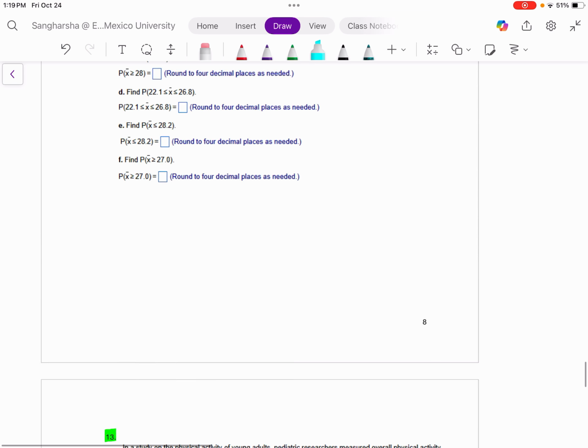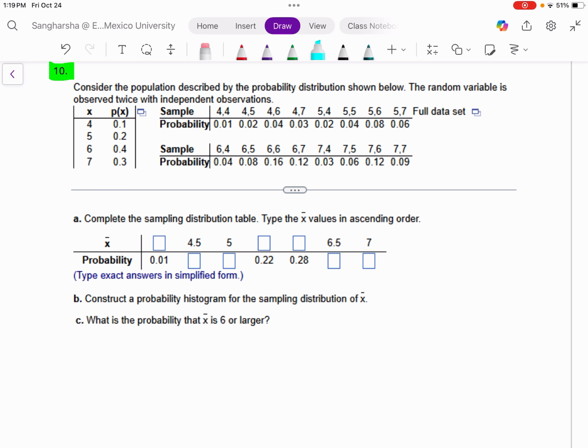Number 10. In number 10, we have a population described by this probability distribution. Our x takes 4, 5, 6, 7. The probability that x takes 4 is 0.1, the probability that x takes 5 is 0.2, the probability that x takes 6 is 0.4, and the probability that x takes a value 7 is 0.3.